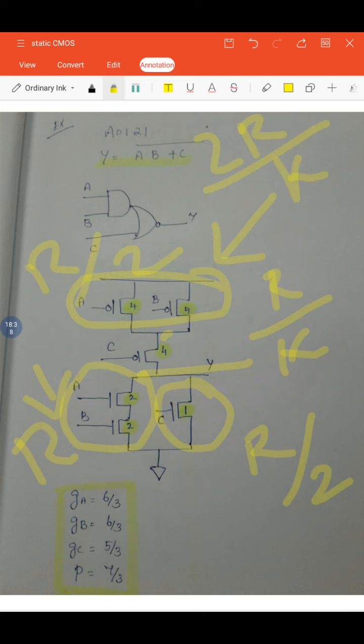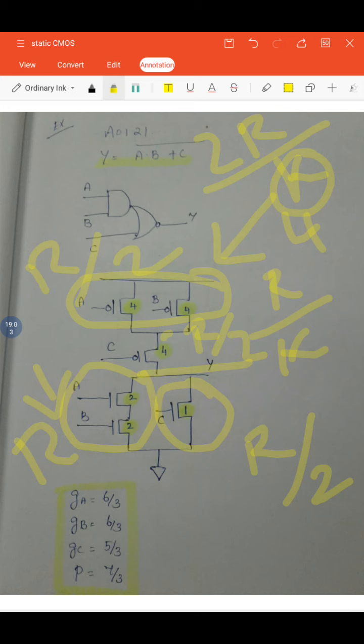So 2R by K, when K is 4, I will get one more R by 2 over here. Out of the two parallel branches, one R by 2, and in the C branch, one R by 2. Totally it will give R resistance. So the R resistance value is maintained here.